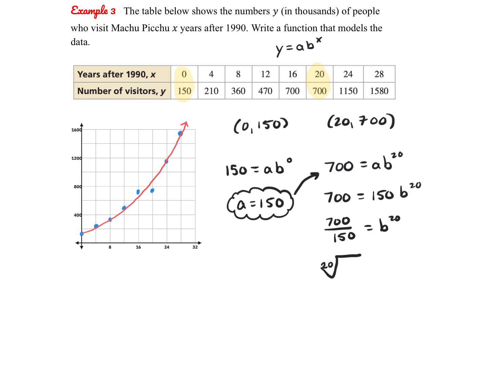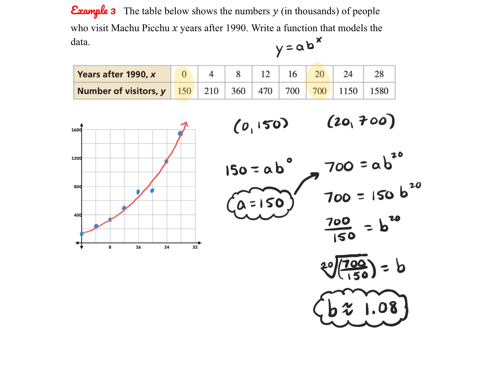So I have the 20th root of 700 over 150. In this case, it's probably better for us to plug this into our calculator to get a decimal approximation. So if you plug that into your calculator, you get approximately 1.08 for your b value.